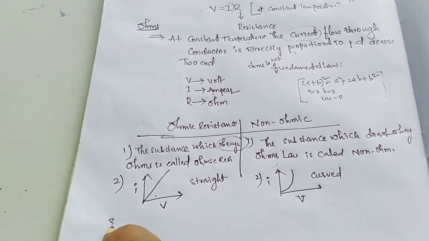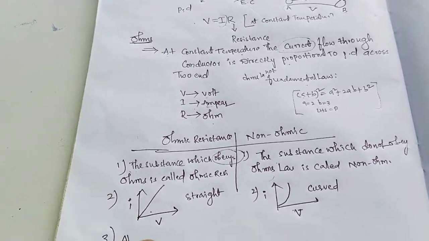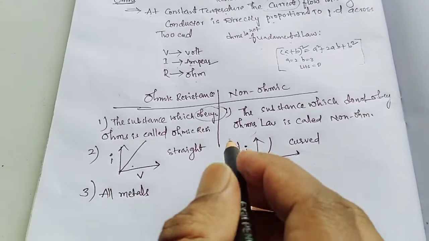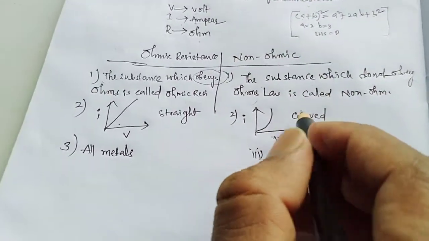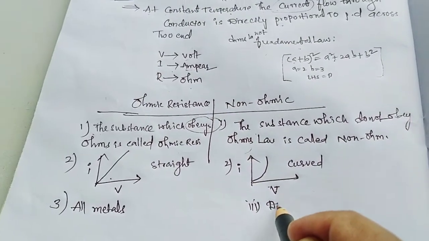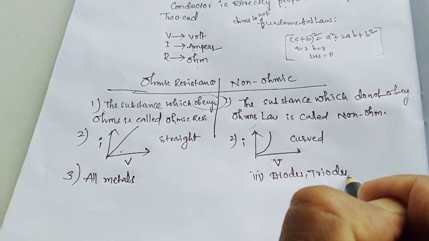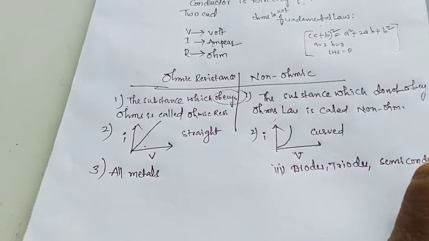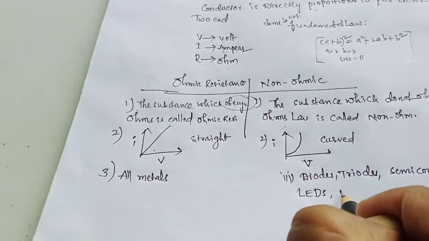The third point: ohmic resistance is followed by all metals, and non-ohmic resistance is followed by diodes, triodes, semiconductors, LEDs and pentodes.